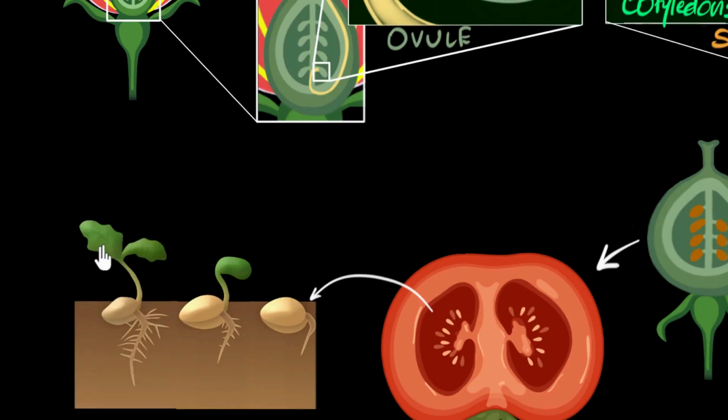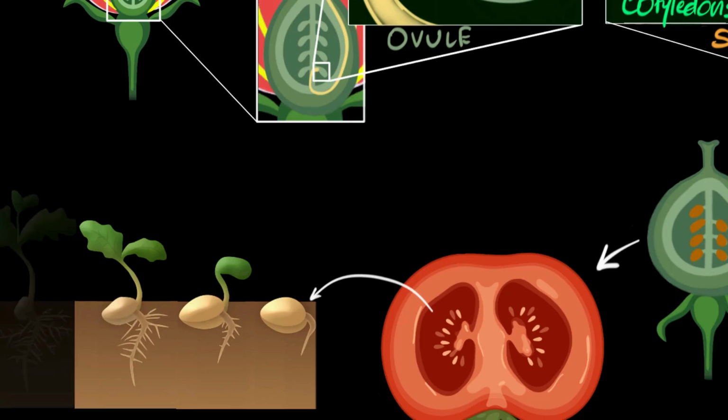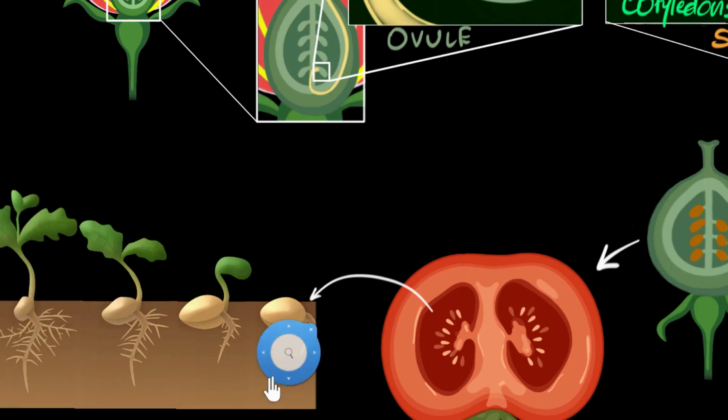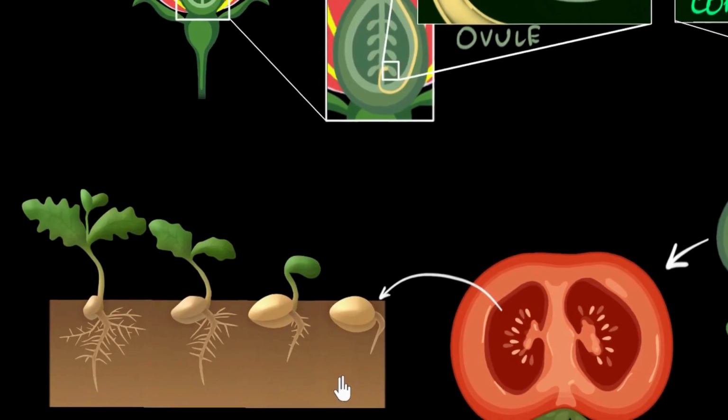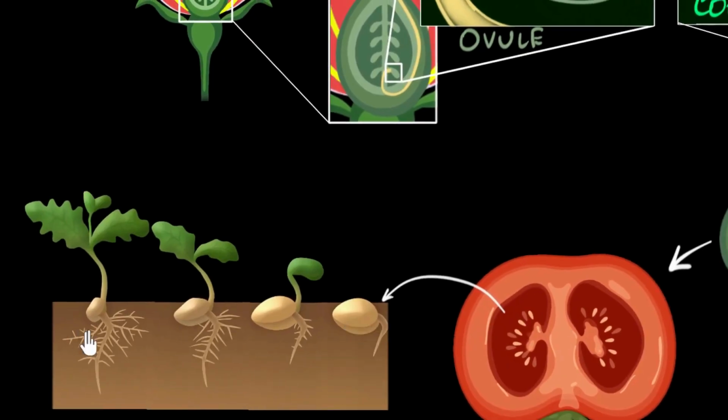Now the first leaves, true leaves we call them, can start photosynthesizing and making new food. And now cotyledons are no longer needed. So the cotyledons eventually get drained. They will start shrinking, and eventually the cotyledons go away. And finally, a new baby plant is born.